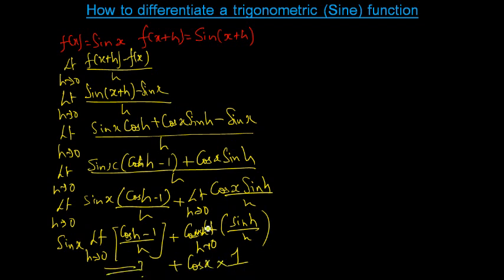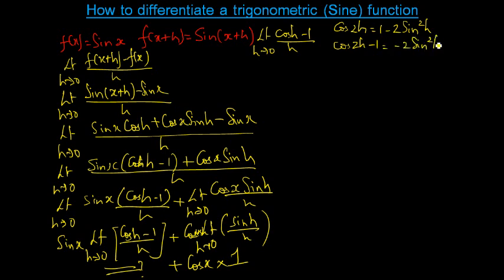We'll do it now. So we need to find the limit of cos h minus 1 over h as h tends to 0. If I substitute 0 here, it becomes 0 over 0, which is not acceptable. So let's just cook up cos h minus 1. For this we need to use the formula cos 2h is 1 minus 2 sine square h. So cos 2h minus 1 is minus 2 sine square h.